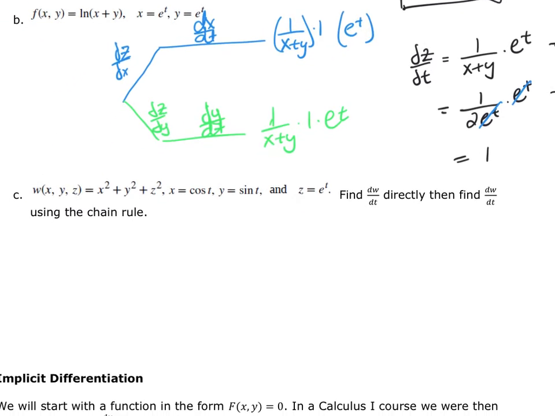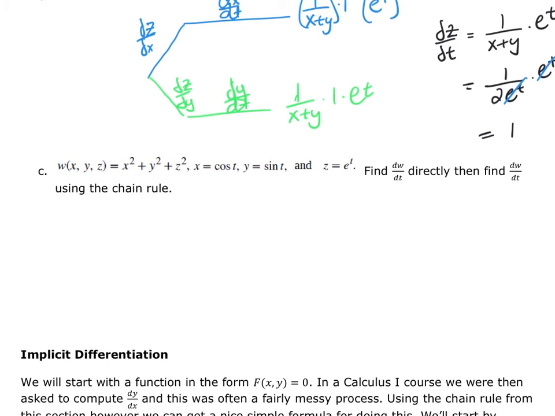Now on this one, we have 3 variables, so I would need 3 branches. I'd have first my x branch, and then my y branch, and then my z branch. So going down, the partial derivative of w with respect to x is just going to be 2x.